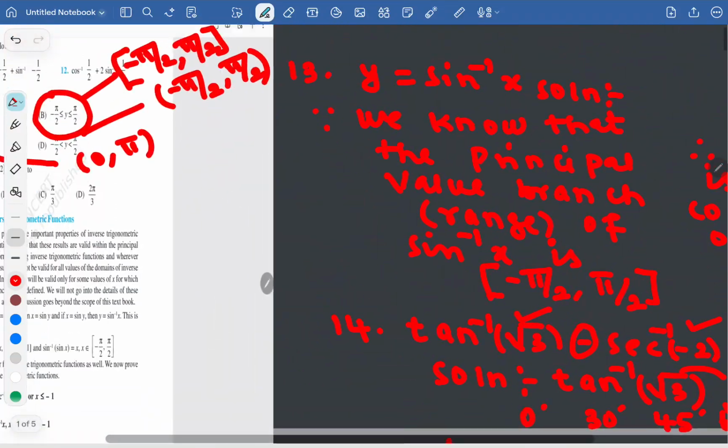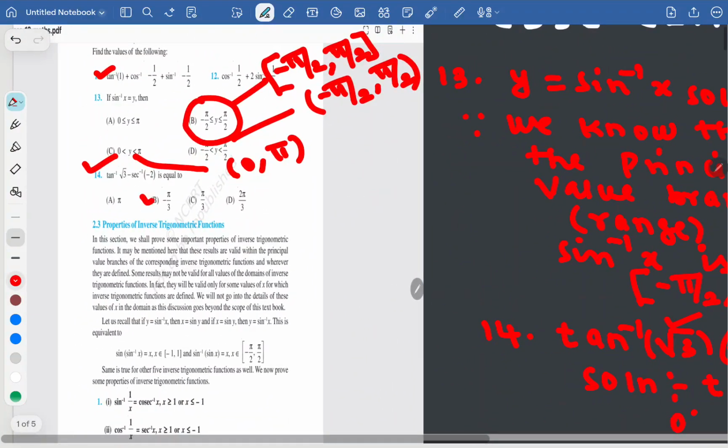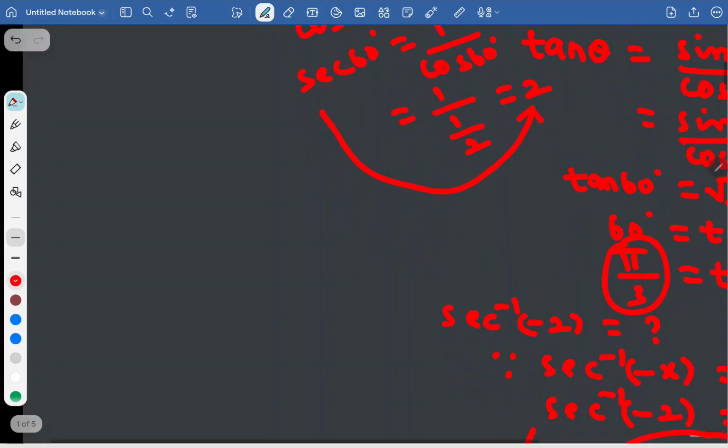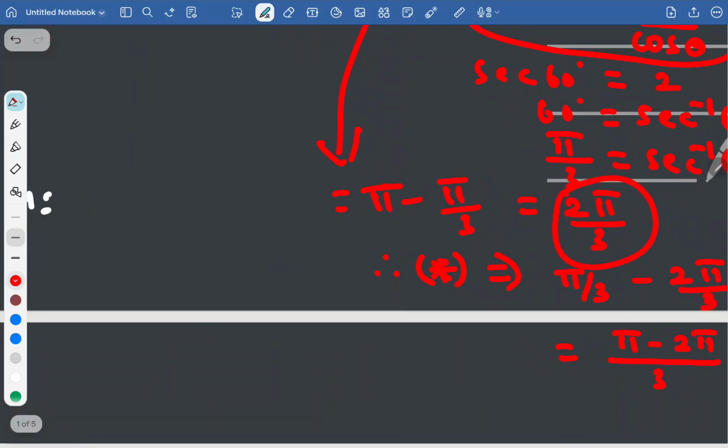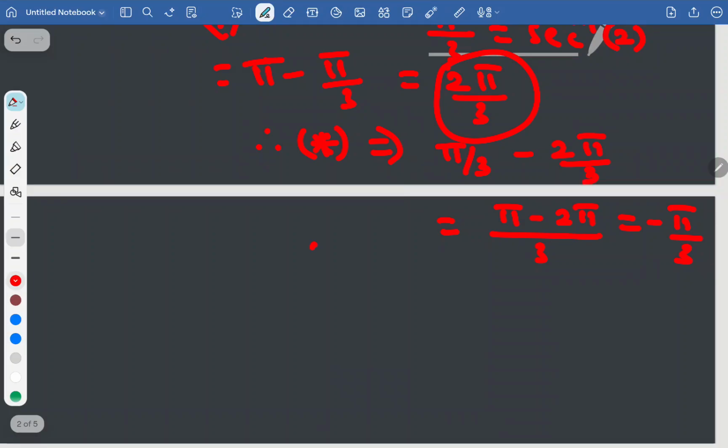For this problem number 14, option B is the correct option. I have completed all the problems in exercise 2.1, from problem 1 up to 14.